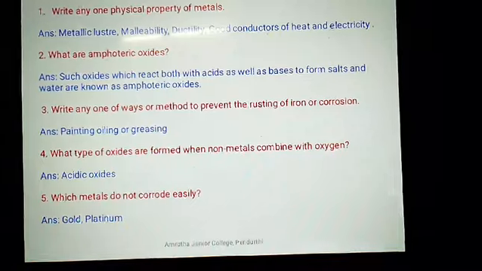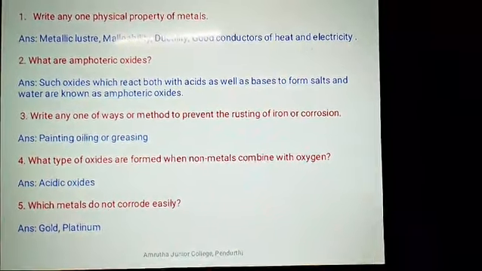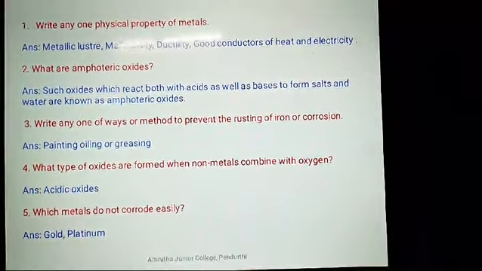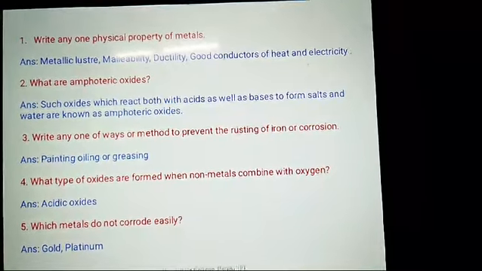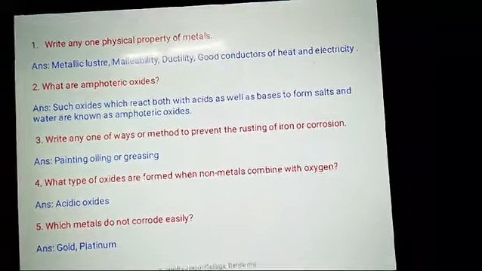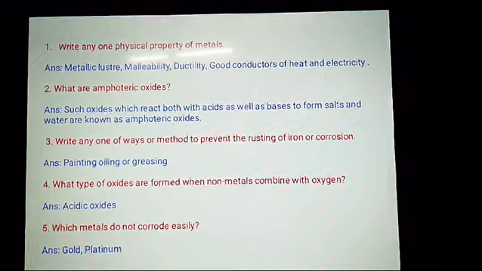Similarly, calcium oxide is a basic oxide. An acidic oxide example is carbon dioxide. When carbon dioxide is dissolved in water, we get carbonic acid, so it is an acidic oxide. But the oxides which react with both acids and bases to form salts and water are known as amphoteric oxides.